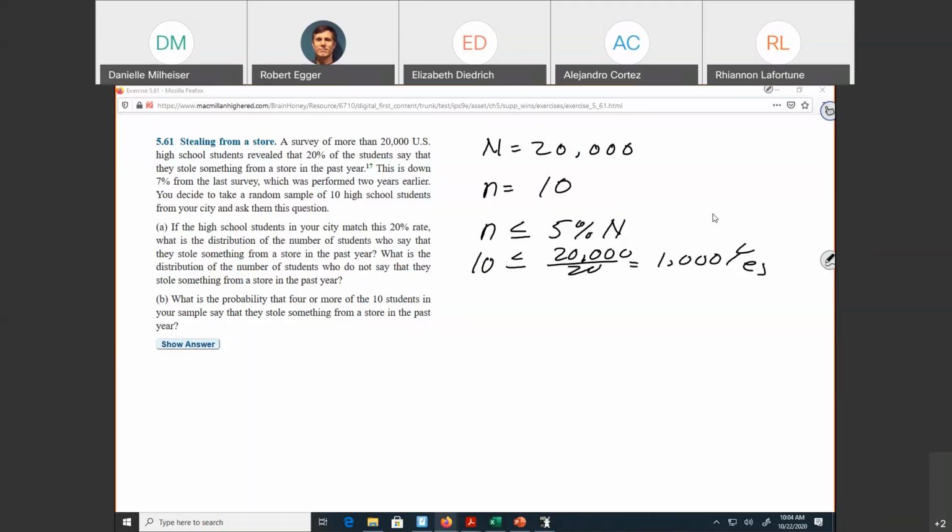What are the two situations I've got? Basically, you stole or you didn't steal. So it is binomial because I'm looking at students and there are two things. Either they stole or they didn't steal.